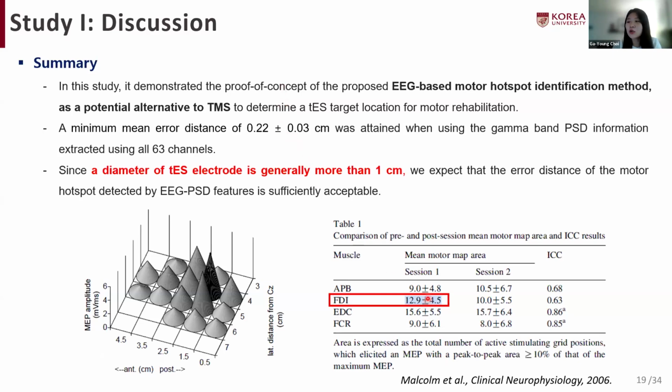Especially, it was documented that reliable FDI muscle MEP was observed within an area of approximately 12.9 square centimeter, meaning that a reliable MEP could be evoked with a distance of up to approximately 1.8 centimeter based on the center of the motor hotspot area. Moreover, considering that the commercial TES electrode size is typically more than 1 centimeter, we expect that the error distance of the motor hotspot identified by EEG PSD features is sufficiently acceptable.